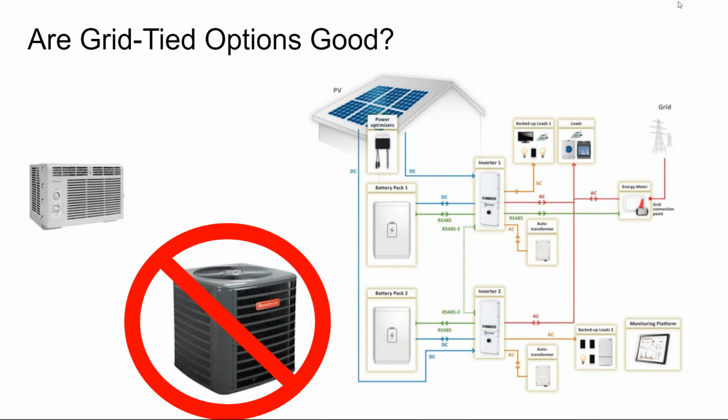And so another question is, well, can't you just have solar and batteries but still keep your grid connection? Do you have to go off grid with a solar battery?